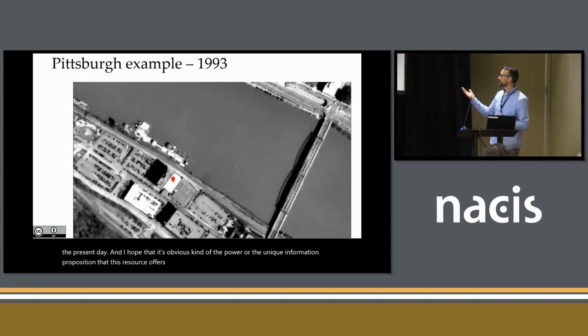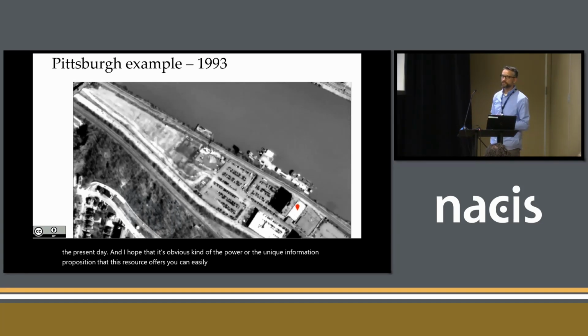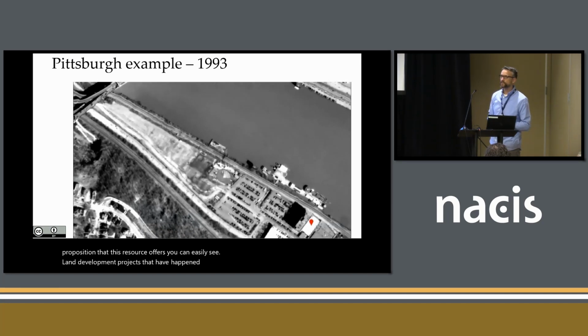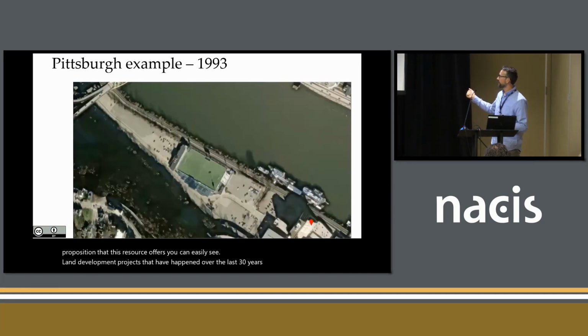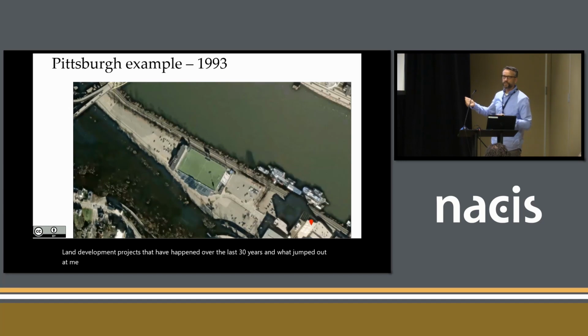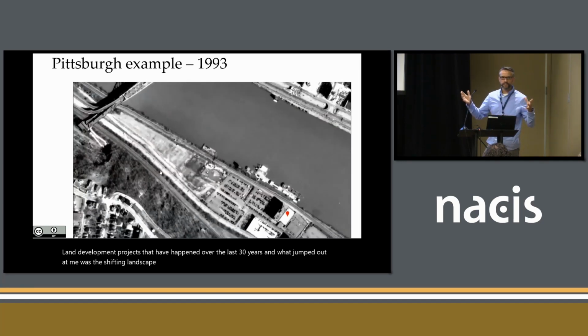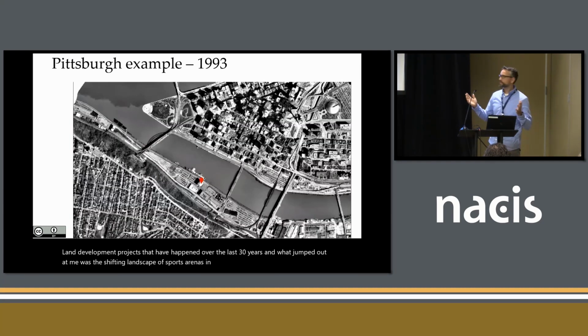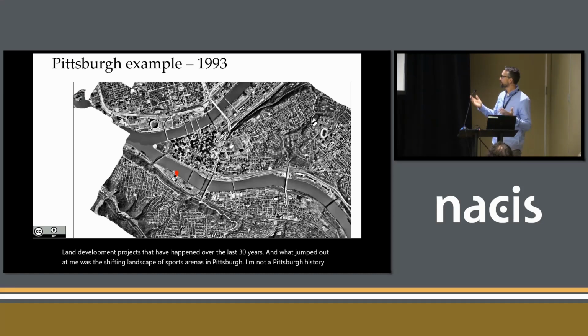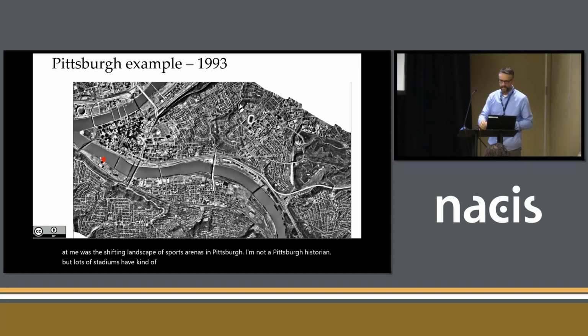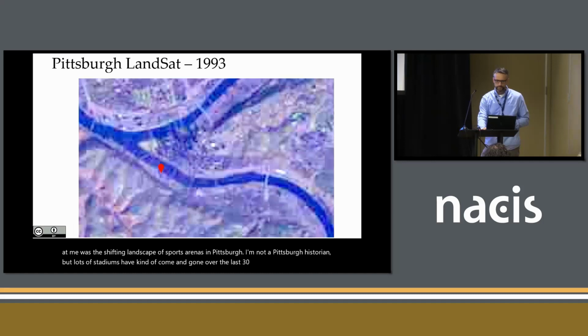You can easily see land development projects that have happened over the last 30 years. And what jumped out at me was the shifting landscape of sports arenas in Pittsburgh. I'm not a Pittsburgh historian, but lots of stadiums have come and gone over the last 30 years.